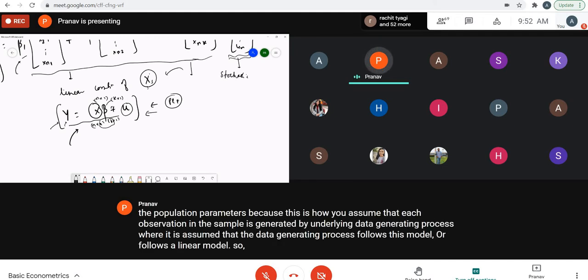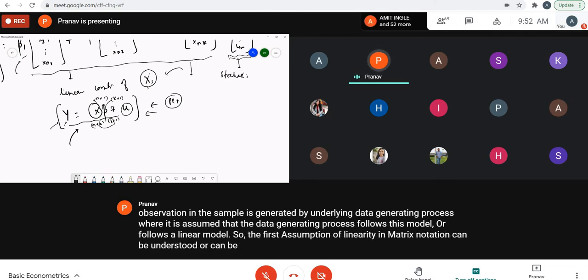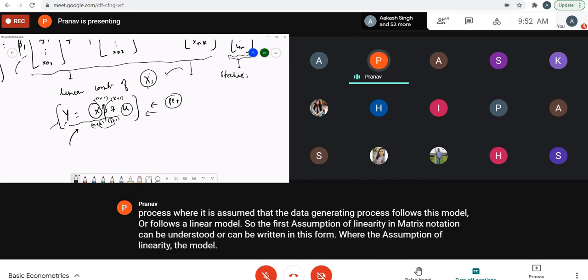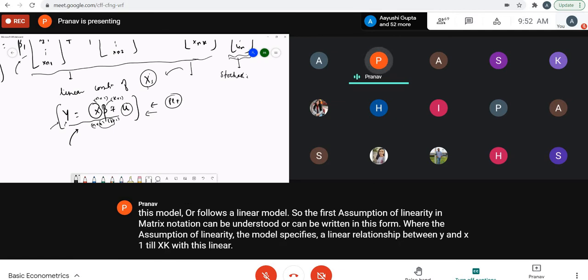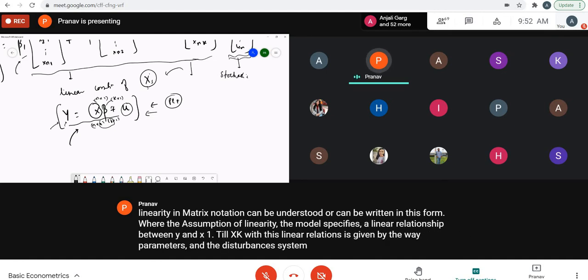So the first assumption of linearity in matrix notation can be written in this form, where, under the assumption of linearity, the model specifies a linear relationship between y and x1 till xk, where this linear relationship is given by the way parameters and the disturbance term enter the model. Now, what exactly do I mean?